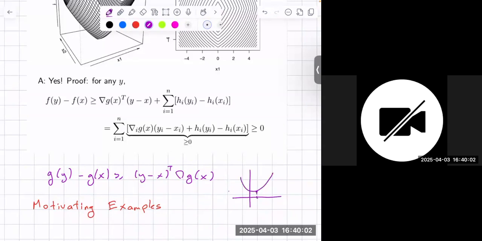And here was my x, and here is my y, and I'm going in this gradient direction, and the function is always staying above. Right? That's what it means. And here, that's what it is doing. And it's combining all that stuff together, and it's saying all these things are non-negative.